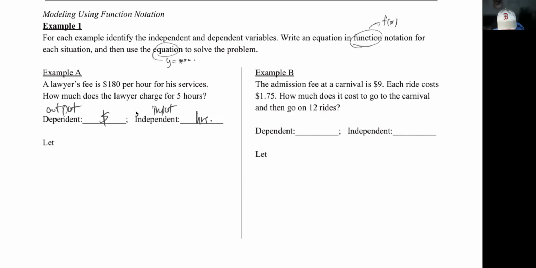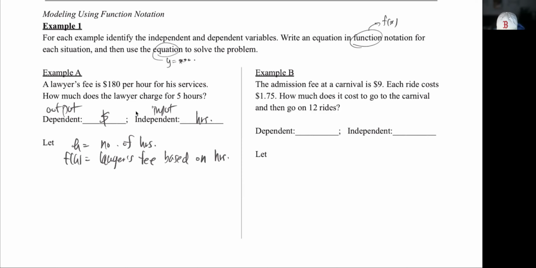So what we can say is let h be the number of hours that the lawyer will charge you, and f of h is the lawyer's fee based on hours worked. Being a function of h means it depends on h.